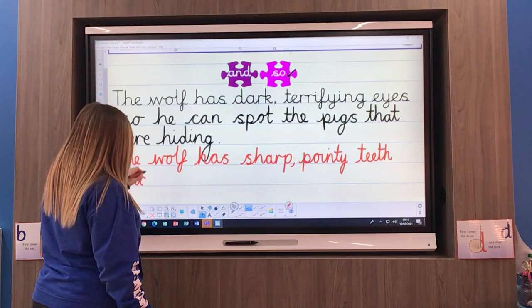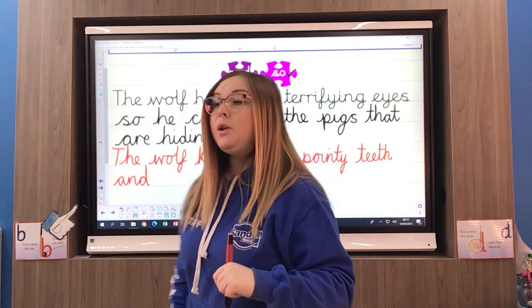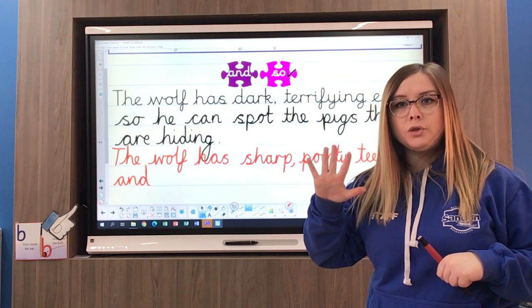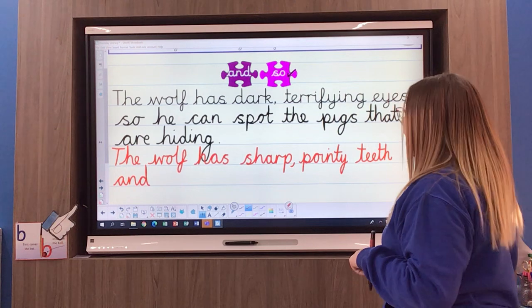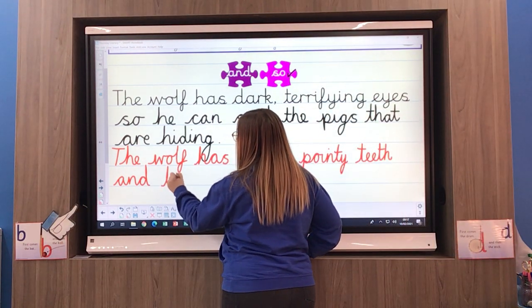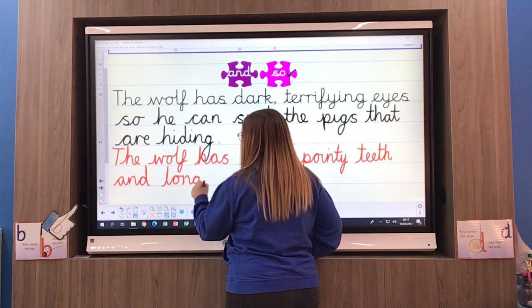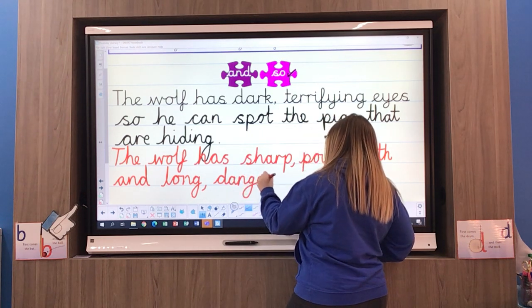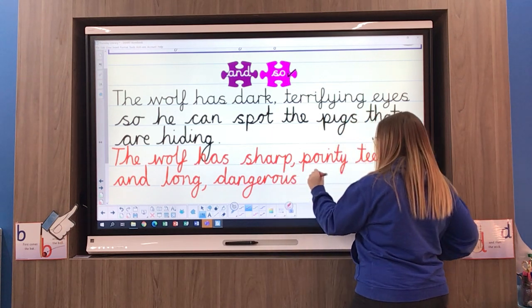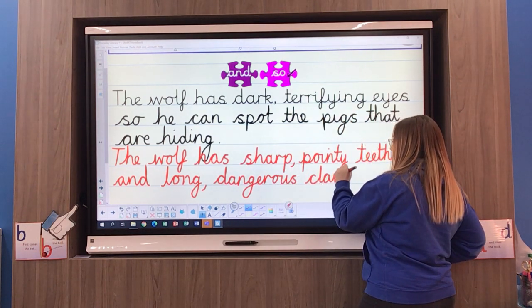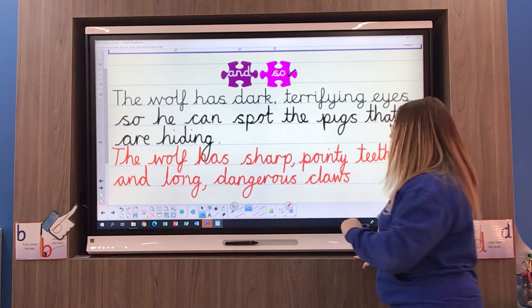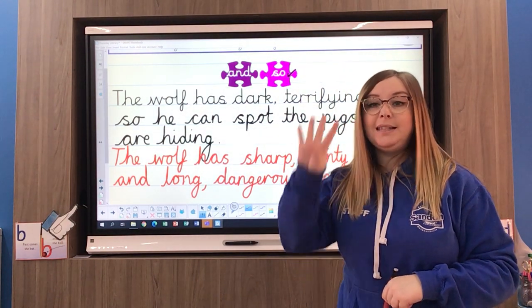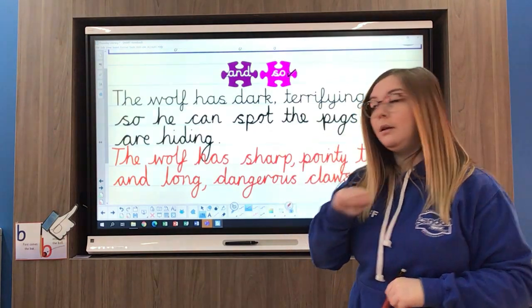And what else can we see on this wolf? The wolf has sharp, pointy teeth. And what's he got on the end of his paws? He's got claws, hasn't he? The wolf has sharp, pointy teeth and long, dangerous claws. And what goes at the end here? A full stop.